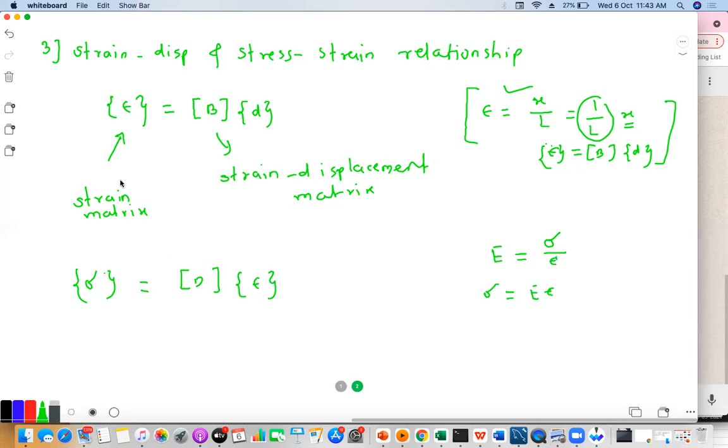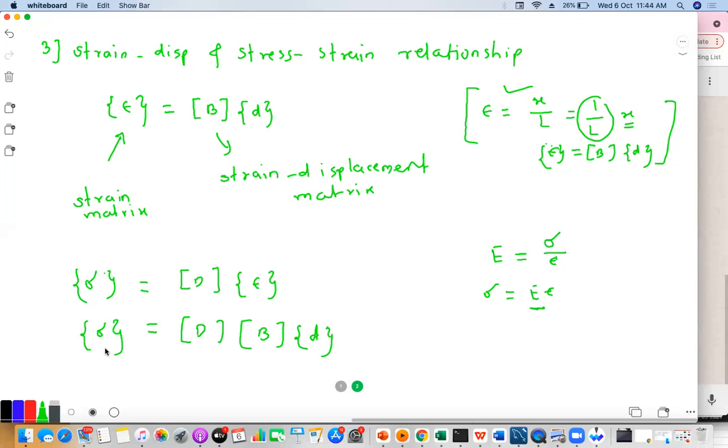So D is this matrix, and this is the strain matrix. Now if I put the value of epsilon from this, I will get D into B into small d. I have just put the value of epsilon here. Now I got sigma.